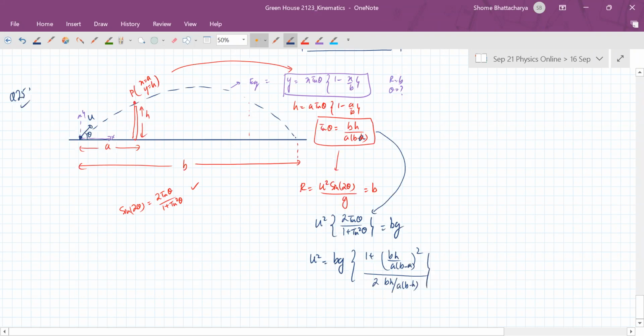So just now you have to algebraically solve this term. Simplify it and get the value. So that's the 25th question.